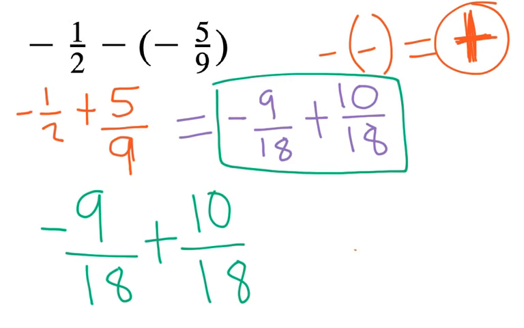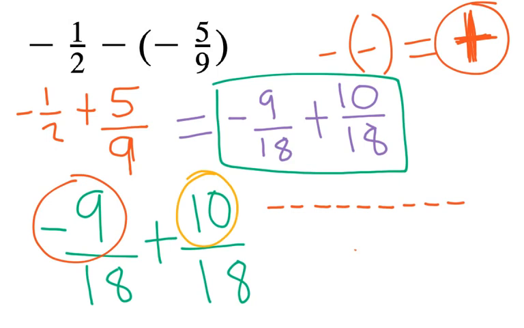I've got negative 9, so that's the same as 1, 2, 3, 4, 5, 6, 7, 8, 9 negatives. And then I've got 10 positives, 1, 2, 3, 4, 5, 6, 7, 8, 9, 10 positives.